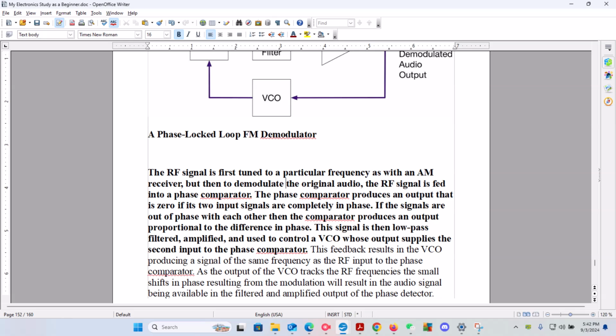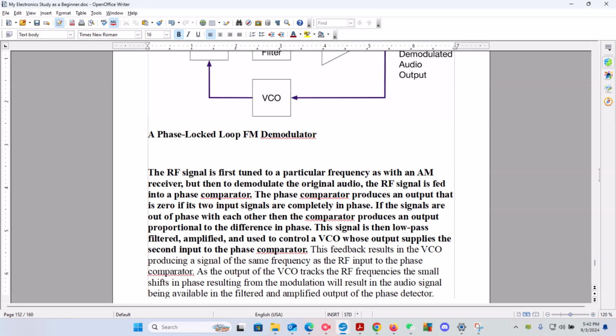If the signals are out of phase with each other, then the comparator produces an output proportional to the difference in phase. Why? Because both of the voltages are not the same. This signal is then low-pass filtered, amplified, and used to control a VCO, whose output supplies a second input to the phase comparator. Why? We want to see the voltage coming in.